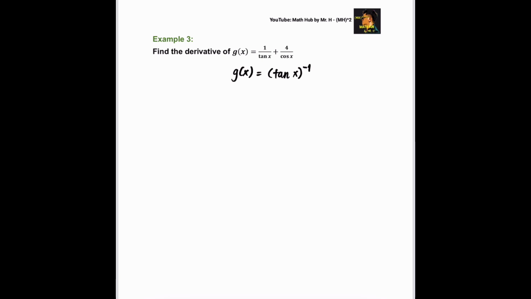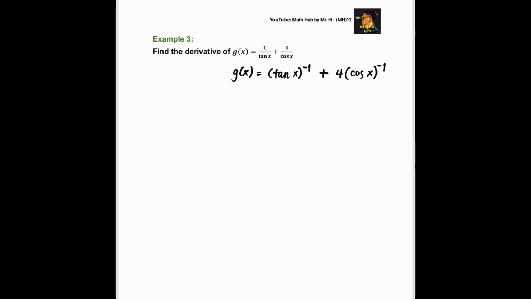Tangent inverse of x is different from this one. So plus 4 divided by cosine x, so I would say 4 times cosine x to the power of -1.